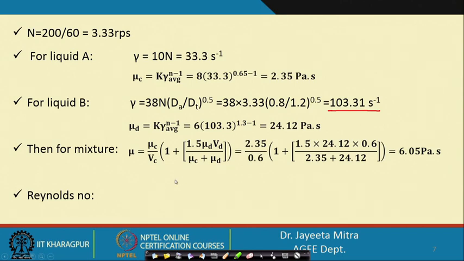These are apparent viscosities, remember this. So, putting all the values, 2.35 by 0.6 into 1 plus 1.5 into 24.12 into the volume fraction 0.6, by 2.35 plus 24.12. So, we are getting 6.05 Pascal second. The volume fraction was also given. So, we are getting 6.05 Pascal second.